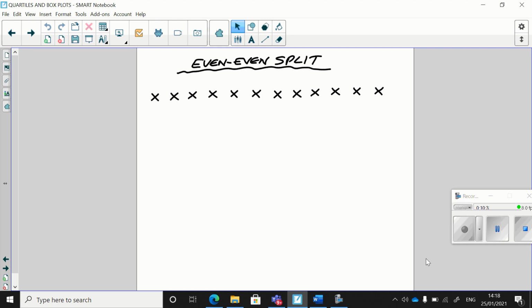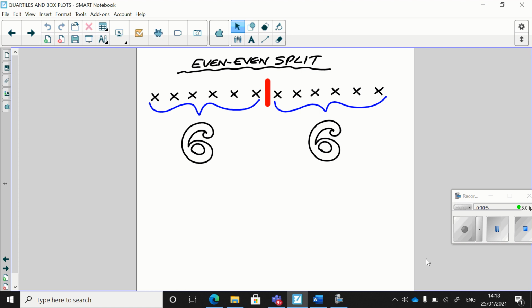Right, what are they talking about? Even split here. Well, here, if you count all the little crosses, I think I've got 12. So 12 is an even number, so that means I'm going to have a split between two of the numbers. You would just take the average there of both the numbers.